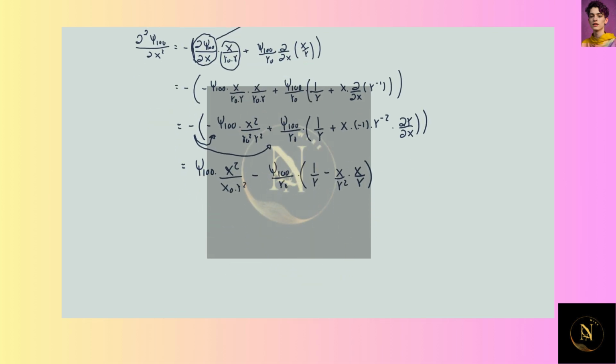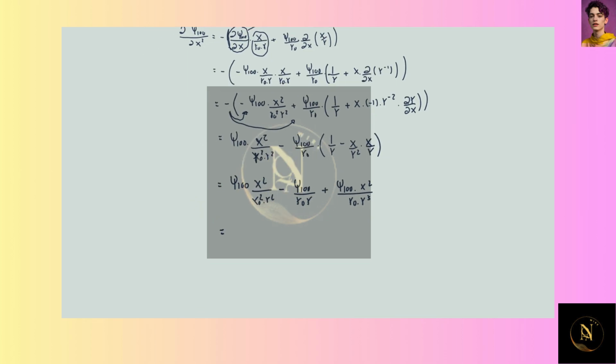Then, massaging this equation, we can write it as psi100 x squared divided by r0 squared r squared, and well, this was r0 squared, I forgot to put it, minus psi100 divided by r0 times r, plus psi100 times x squared divided by r0 times r to the third.